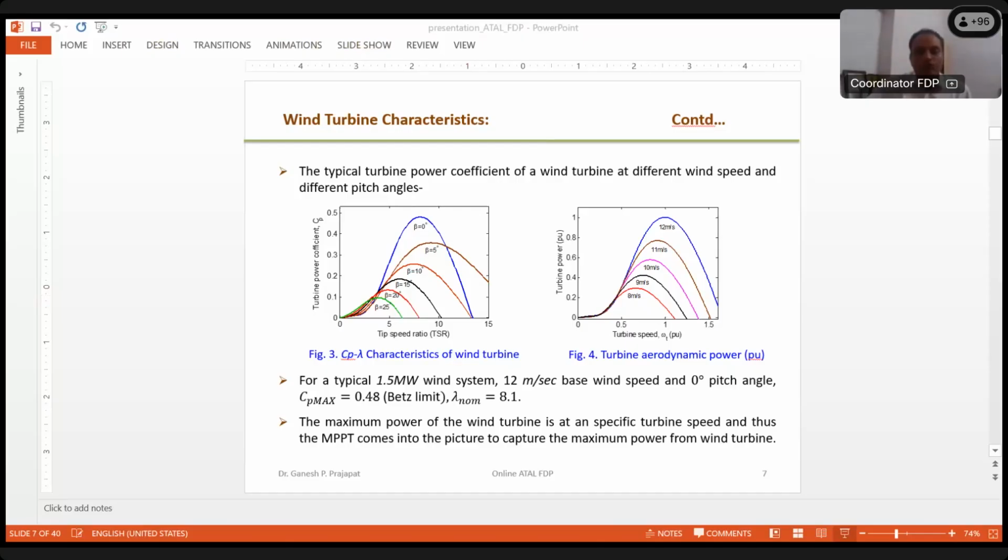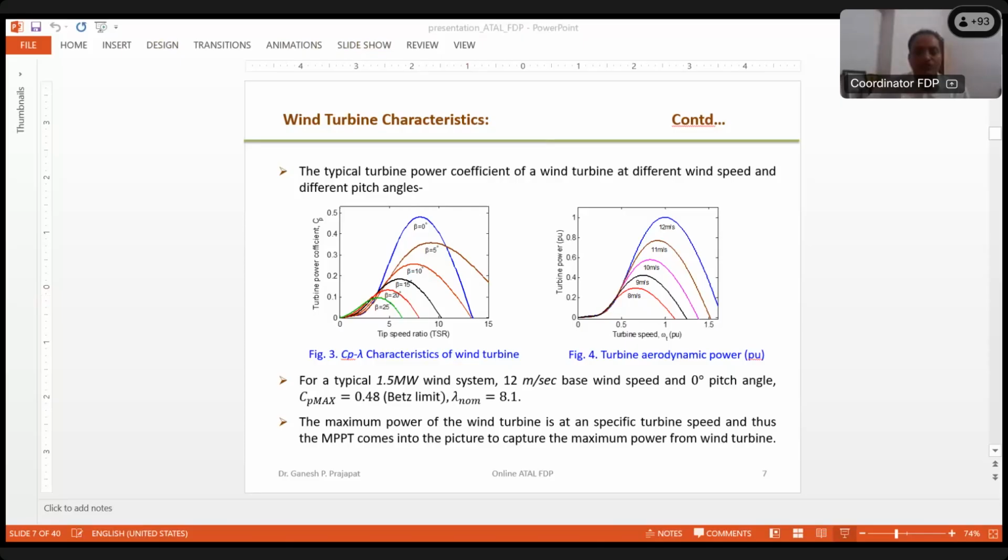Since the output power of a wind turbine is directly proportional to the turbine power coefficient, we should have some kind of control which runs the turbine at an optimal speed, so that we can have the maximum turbine power coefficient and extract the maximum power.